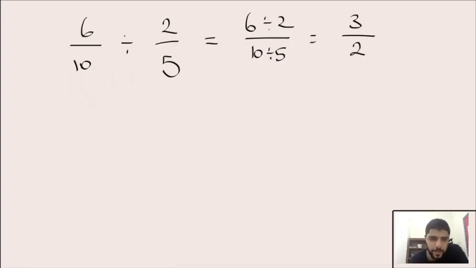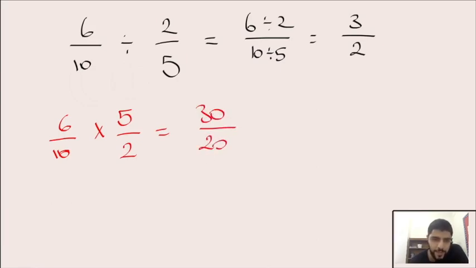Now let's compare this to the keep, change, flip rule. So I'm going to keep the 6 over 10, change the sign, and flip the 2 over 5 to make it 5 over 2. Now 6 times 5 is 30. 10 times 2 is 20. If we simplify, we can divide them both by 10. And guess where we end up? We end up with 3 over 2.